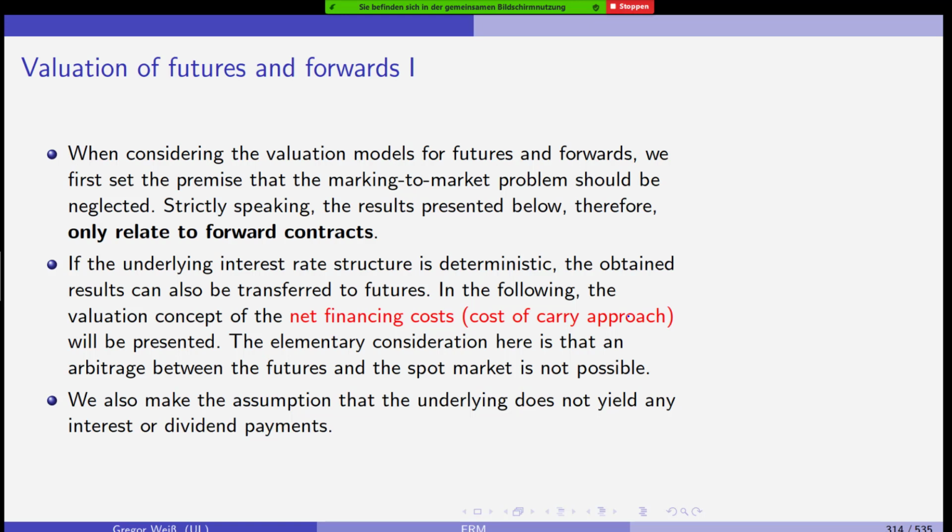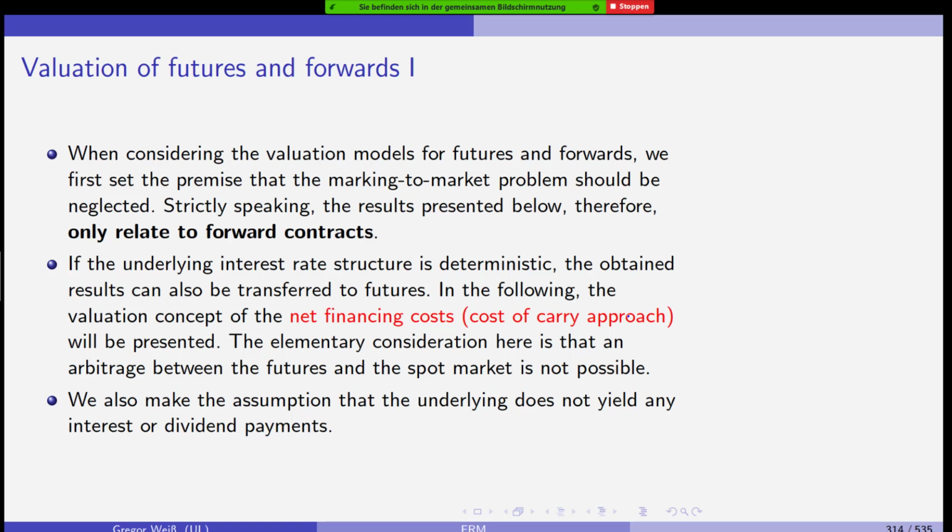Now, in the following, we have a valuation concept that is called the so-called cost of carry approach. The cost of carry approach is very simple because it assumes that you replicate the cash flow from the forward contract by doing a very simple strategy: buy the commodity, buy the underlying now, and let it sit around until maturity, and then you have the same cash flow in capital T at maturity.